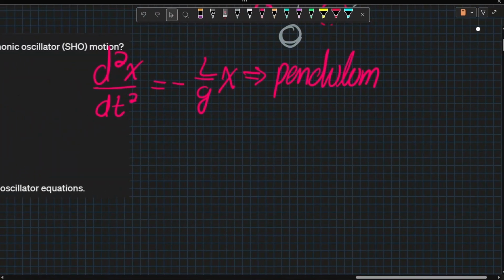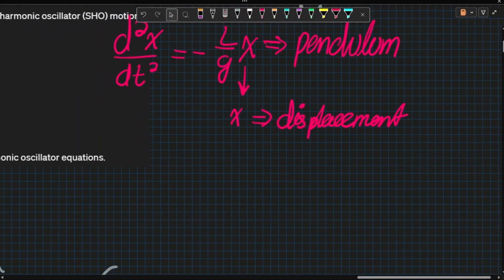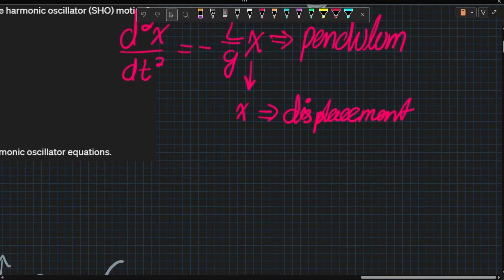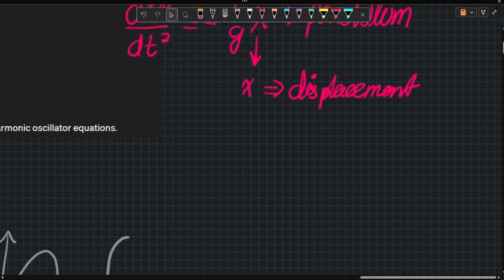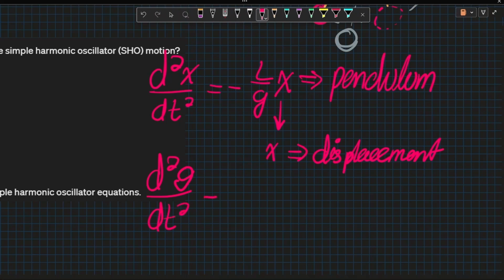To further extrapolate how this works, x is the displacement of this pendulum, assuming that it is a pendulum, and L over G describes the length of the pendulum and the acceleration due to gravity. The small angle approximation of a pendulum usually looks like this: d squared theta over dt squared is equal to negative g over L theta.